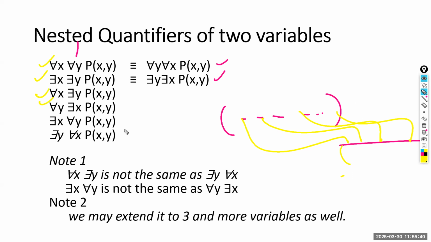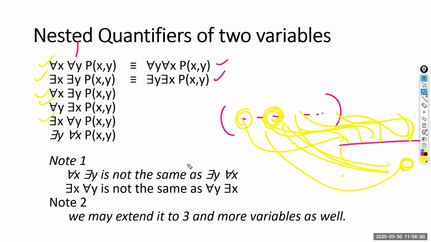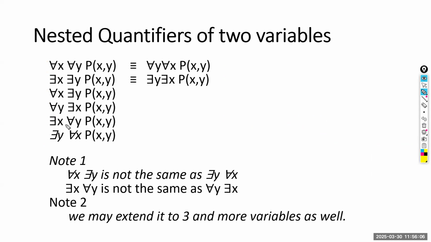And this means there's at least one x value here, but for that x value, it satisfies for all y values. These are different things. So this means there's at least one y value, but for that y value, it must satisfy this with all x values. So these are different expressions. Remember, for all x exists y is not the same as exists y for all x.